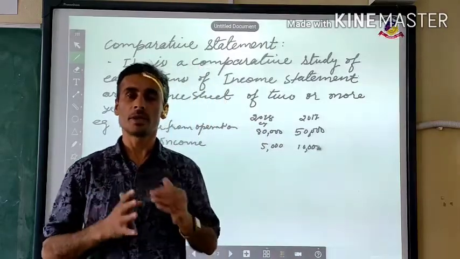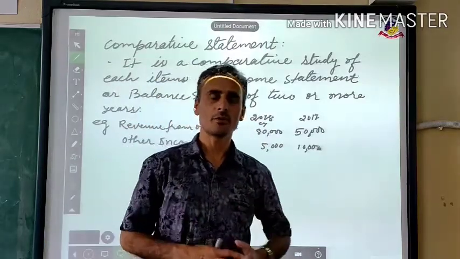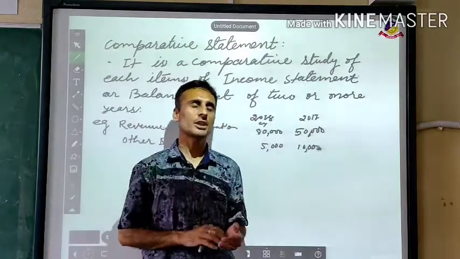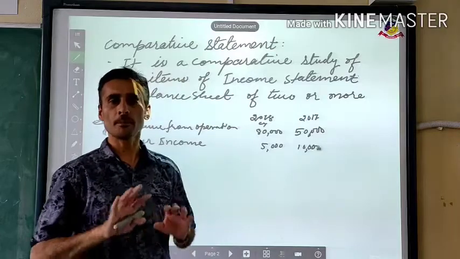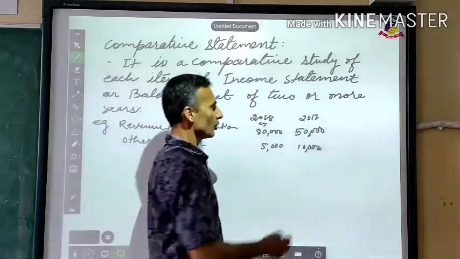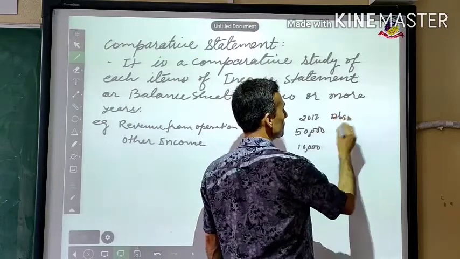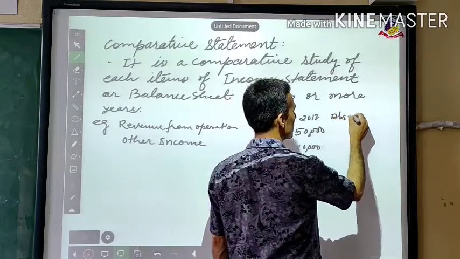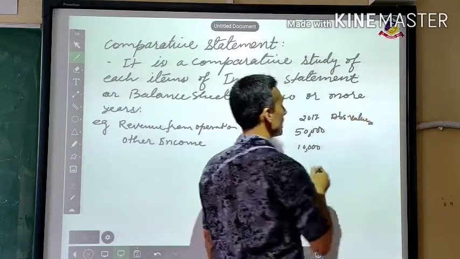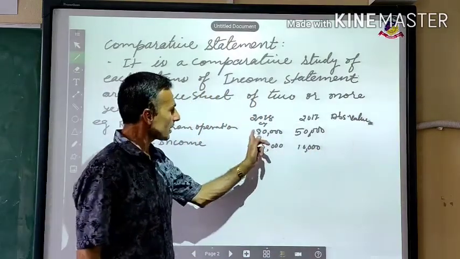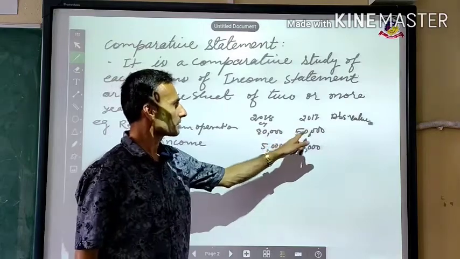Comparative means we do comparison, and when we do comparison, we arrive at a change, and the change can be a positive change or a negative change. So here we will have the absolute change or absolute value, we say here. Okay, absolute value, that means change in figure. Look at this amount here, 2018 and 2017.